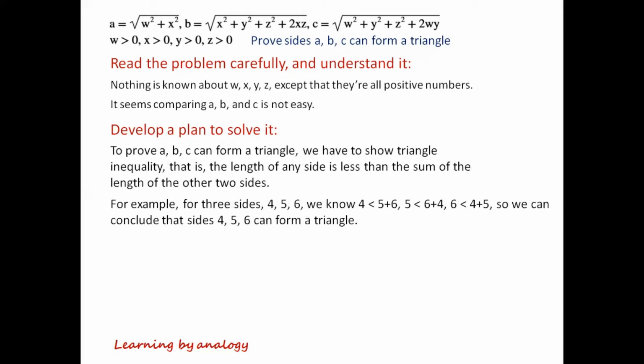For example, for three sides 4, 5, 6, we know 4 is less than 5 plus 6, 5 is less than 6 plus 4, 6 is less than 4 plus 5. So we can conclude that sides 4, 5, 6 can form a triangle.